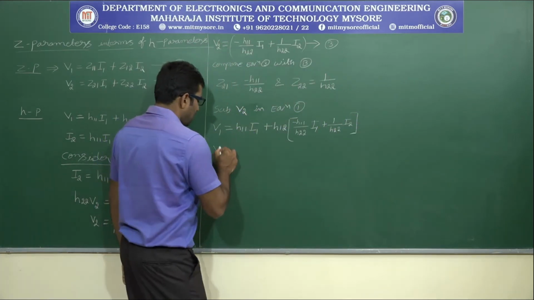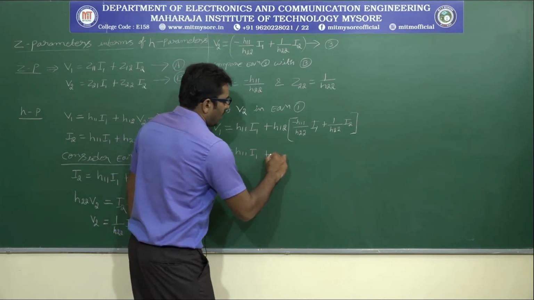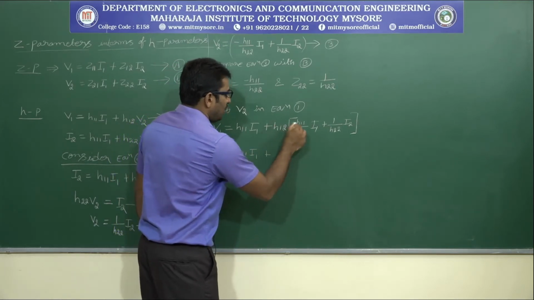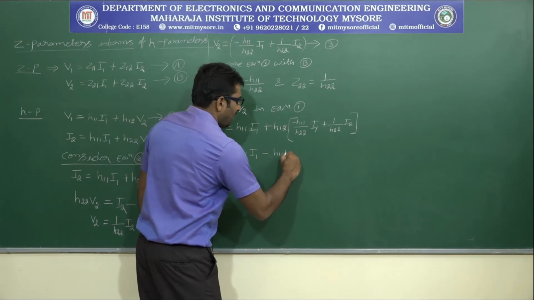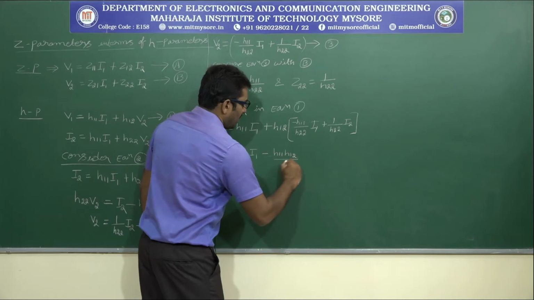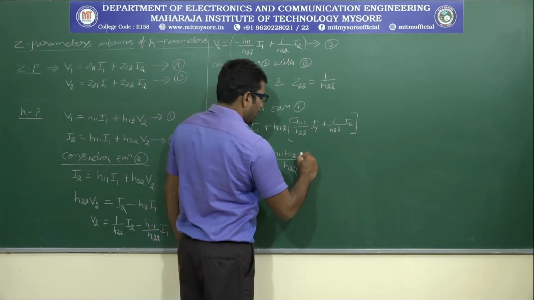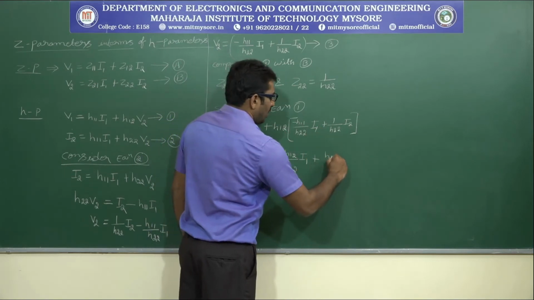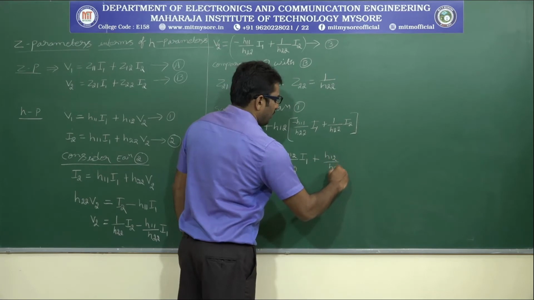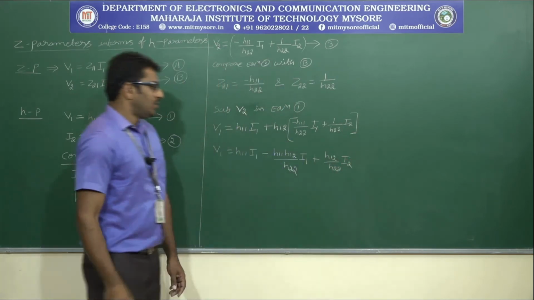V1 is equal to H11 I1 plus H12 into minus H21 by H22 into I1 plus H12 by H22 into I2.